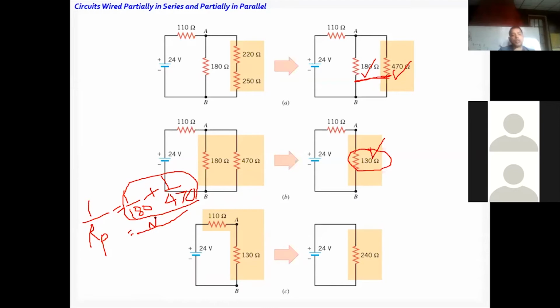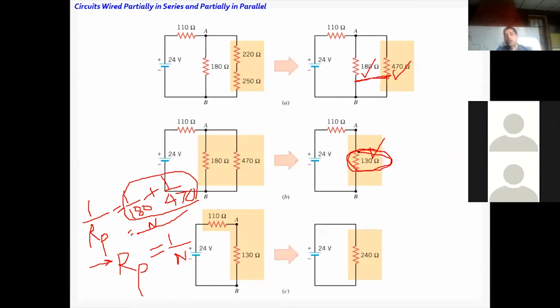Then 1 over Rp is n. Then what is your Rp? Rp is 1 over n. And that 1 over n happens to be 130. Does it make sense?